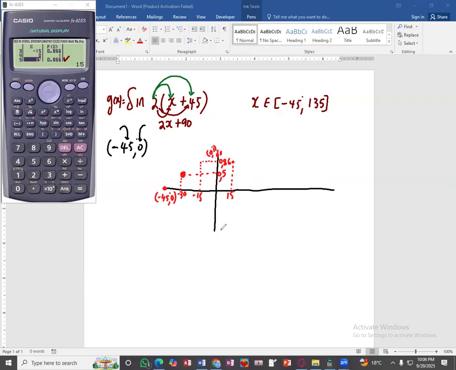Can I say the graph turned at 0 and 1? Yes, because for this function sine 2 into x plus 45, the coefficient of the trig ratio sine, the number before sine, is an invisible 1. So its amplitude is 1. It's the highest value of y, it's going to be 1. So yes, this 0 and 1 is our turning point.